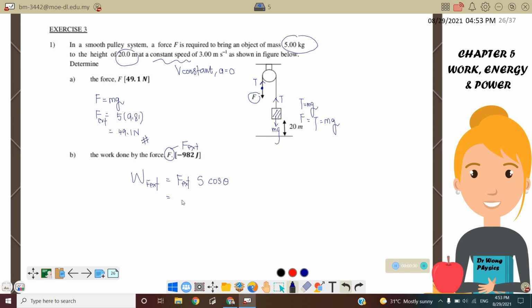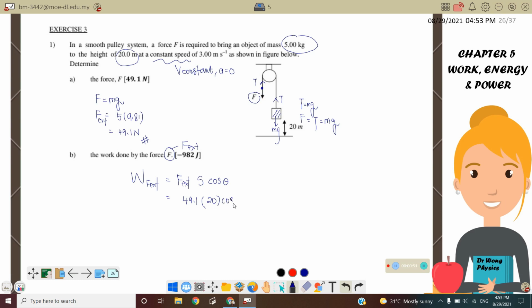F external we already found as 49.1. The displacement is initially at the ground, so it goes up 20 meters. Similarly, when you pull down, it goes down 20 meters. So the displacement S equals 20 meters.